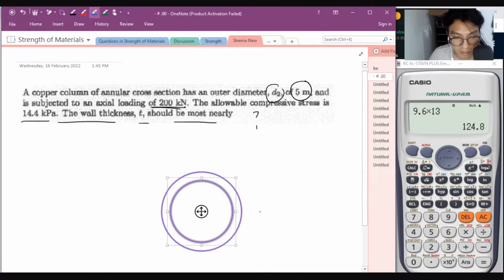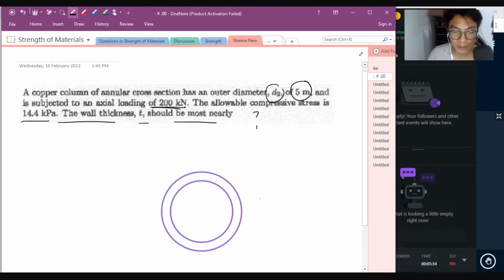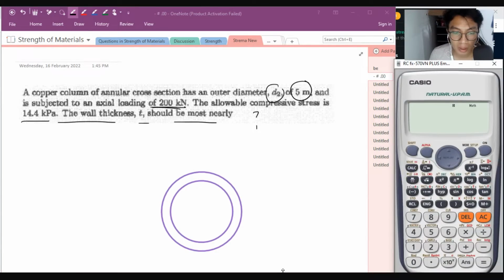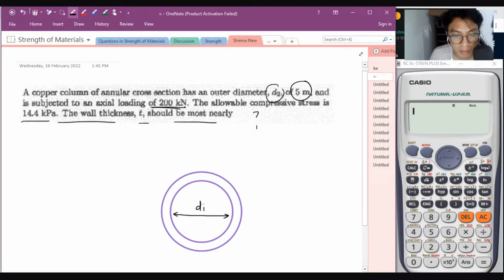Yan. Okay. That is now your circle. The annular section. Okay? Now, you call this part, the one inside, as the inner diameter. The one that is outside is called the outer diameter. And the one na nandito, between them, is the thickness.